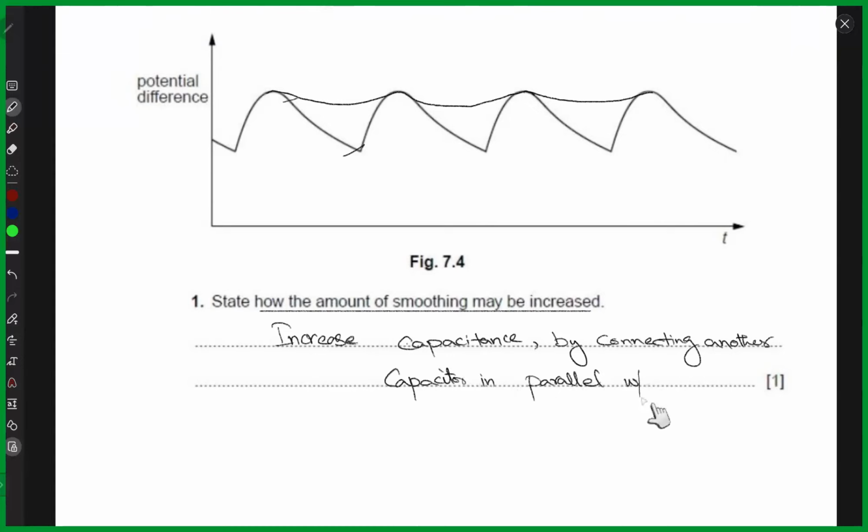Why in parallel? Because capacitance is added up when they're in parallel. Or you could just use a single capacitor with a higher value of capacitance. So it depends on the situation. If you don't have a higher capacitor, then you just connect them in parallel to get a higher value.